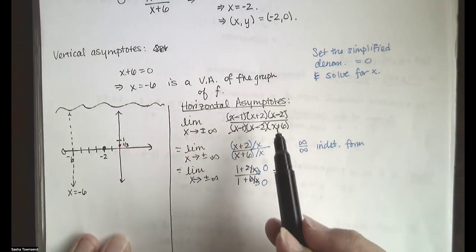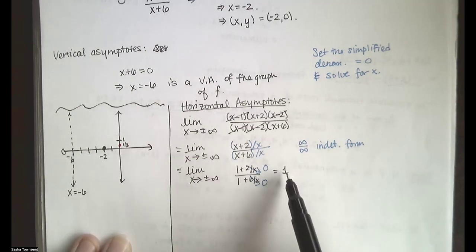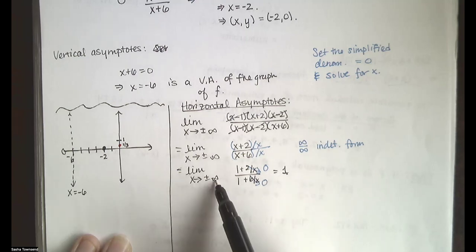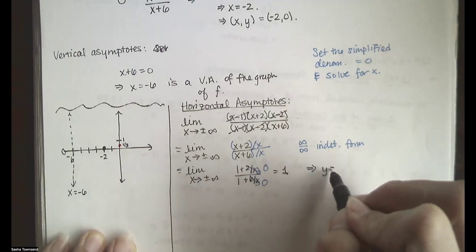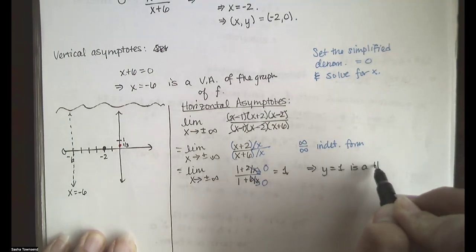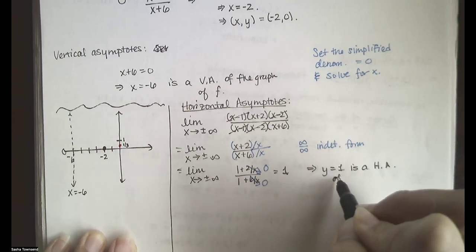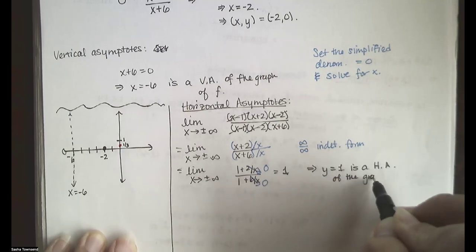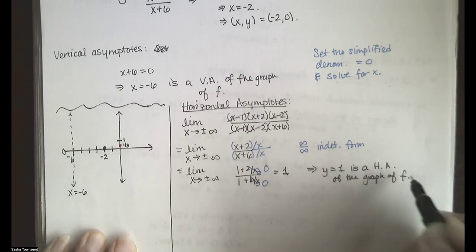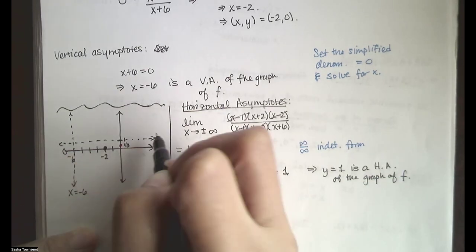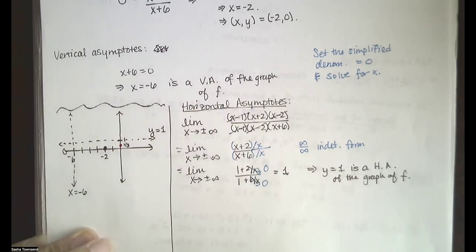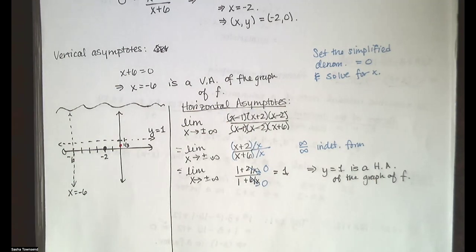So the y values on the graph approach y equals 1 as x gets very large and positive or very large and negative. So y equals 1 is a horizontal asymptote of the graph of the function. Okay, so we did that.